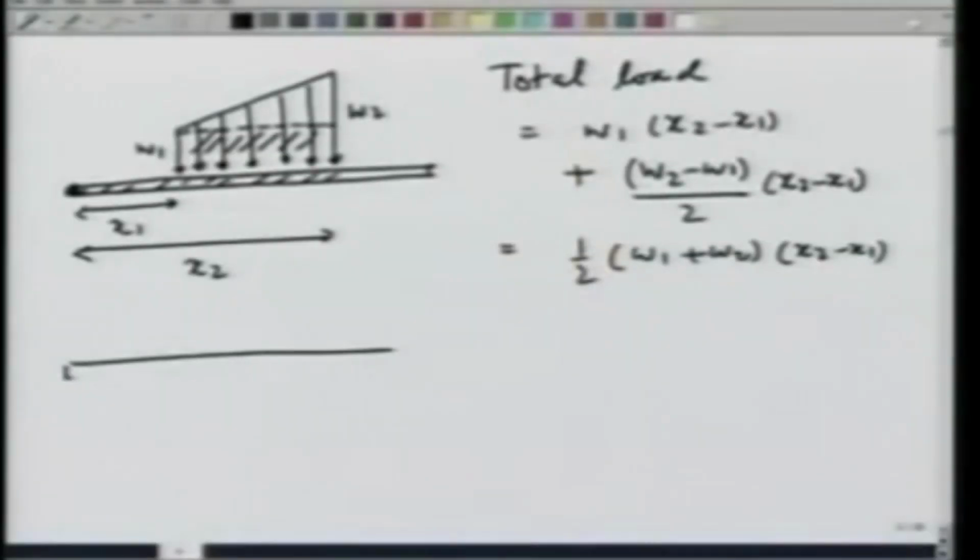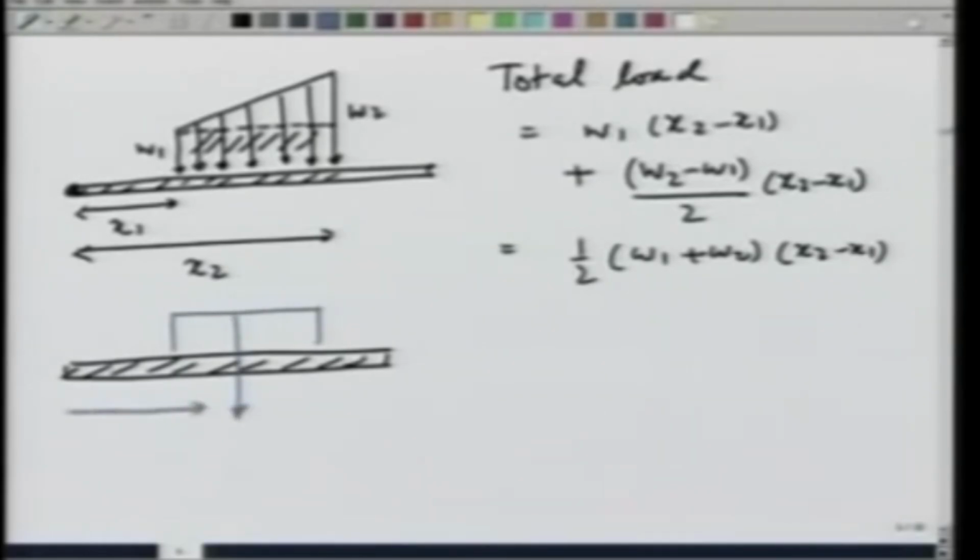To calculate where it acts, I am going to use an observation that we made last time. I know that this rectangle load acts right in the middle at a distance of (x2 plus x1) divided by 2 from this point.